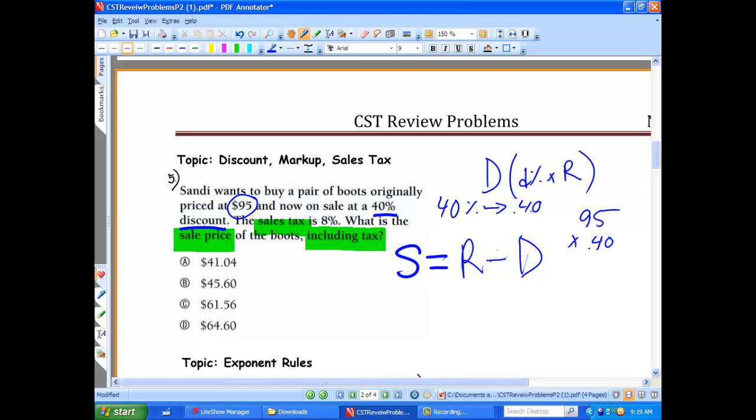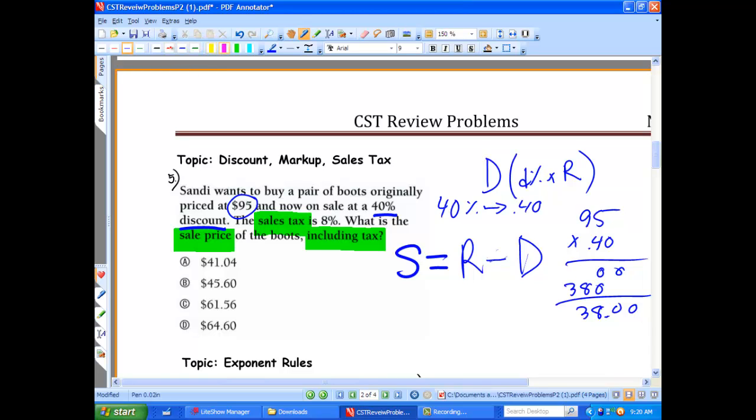Just think about dollars, and we're working with dollars, so we want to turn these into a decimal. If we multiply 95 times 0.40, we would get $38, because we have two places behind the decimal.